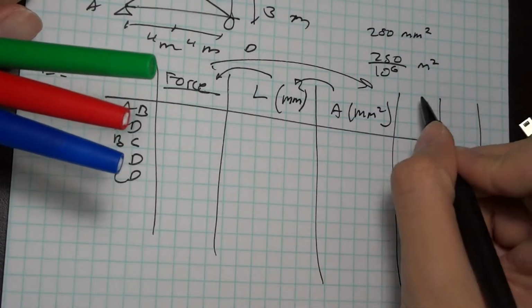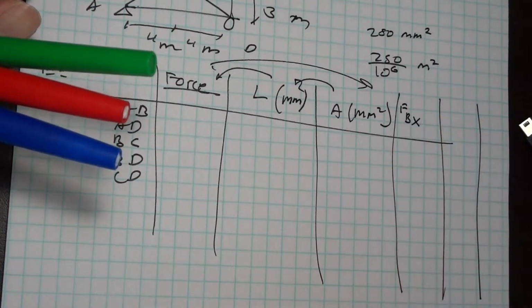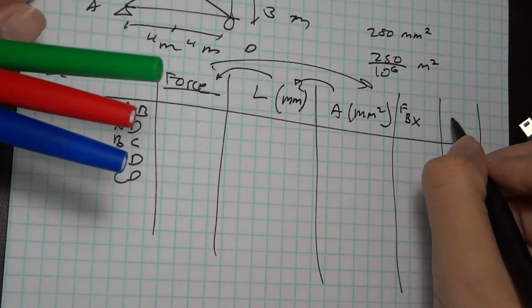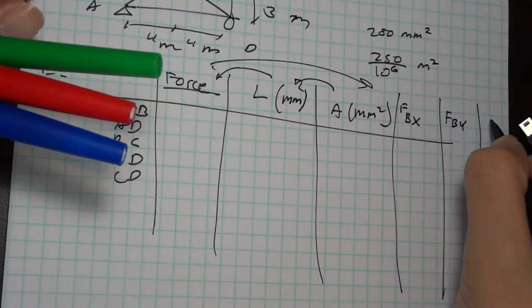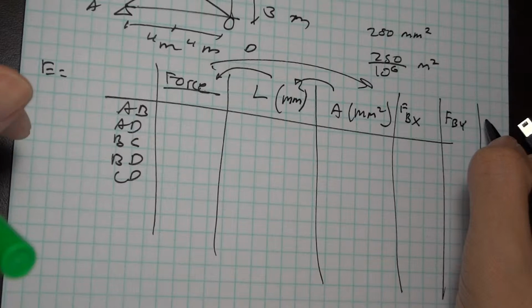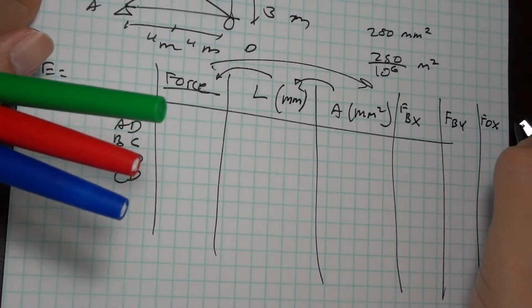Let's call this FBX, and we'll call this one FBY. And what's the last one you want? You want the displacement at D, FDX, horizontal displacement.